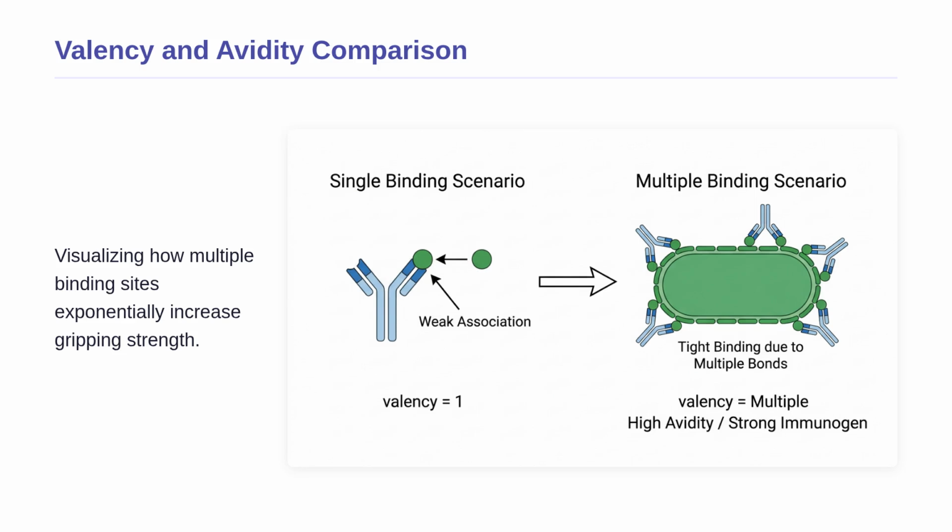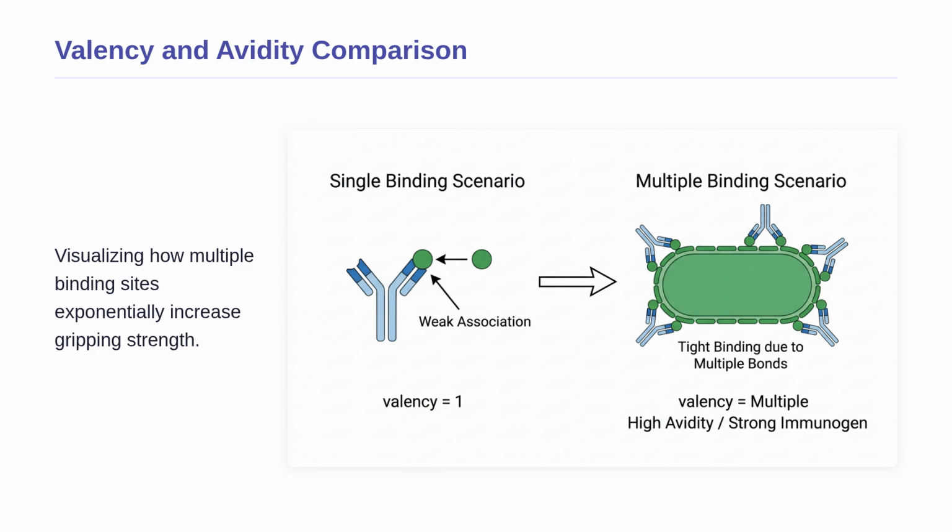To truly cement this concept, let us look at this schematic diagram comparing valency and avidity. On the left, you see a single binding scenario. A Y-shaped antibody is grabbing a small green antigen at just one site. As the label says, this is a weak association. Now follow the arrow to the right.